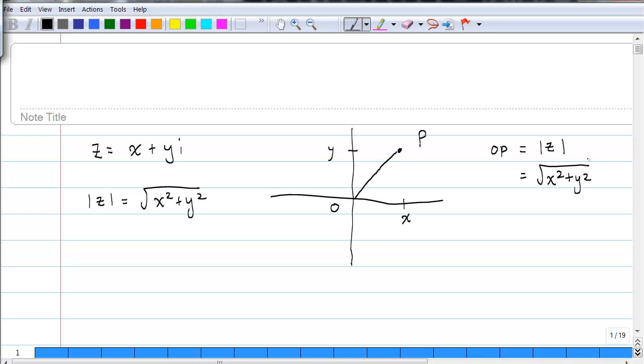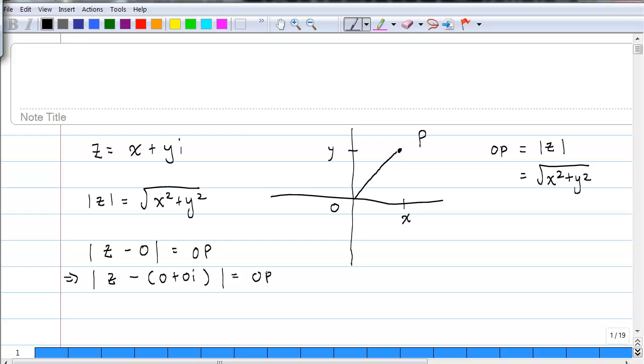If you look closely, the modulus of z can be written as the modulus of z minus 0, and this is the length OP. The modulus of z minus 0 represents the distance between the point P and the origin, because 0 can be written as 0 plus 0i.